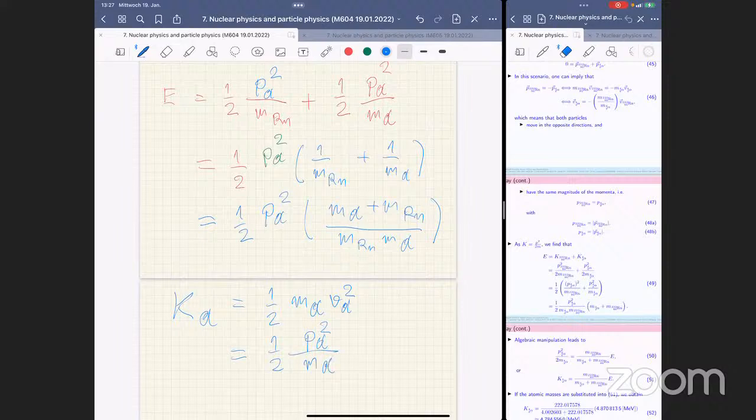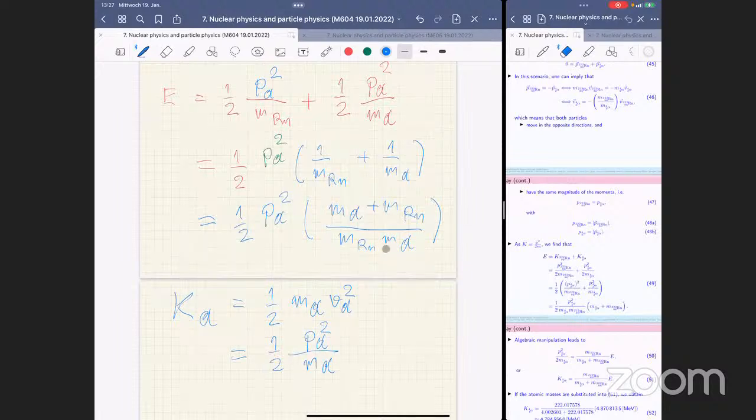We need this term. Once we have this relation, if we move m alpha out of the parentheses here, we're going to have 1/2 p alpha squared divided by m alpha, which is exactly the same term here.